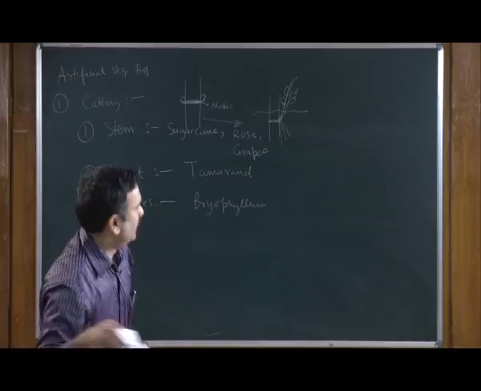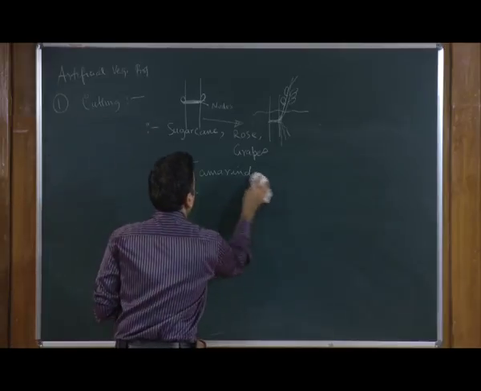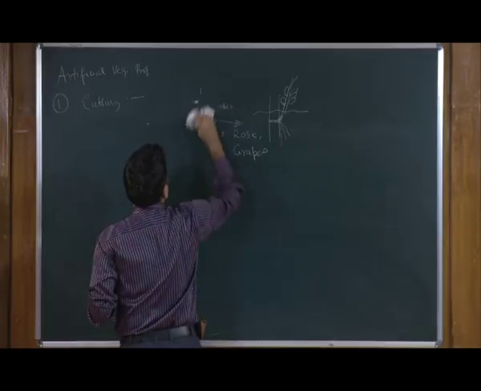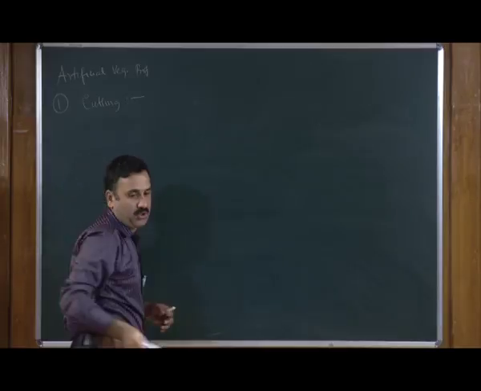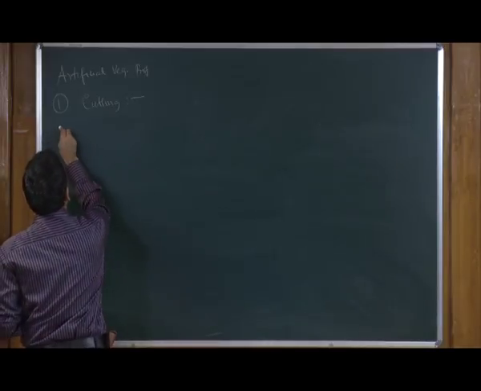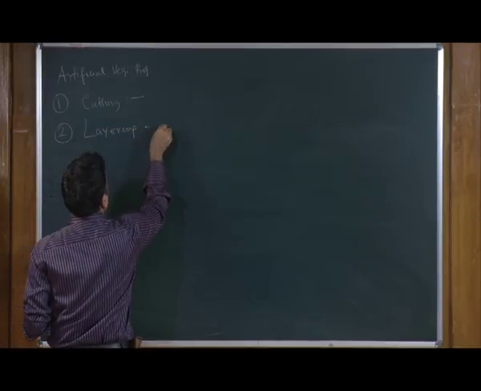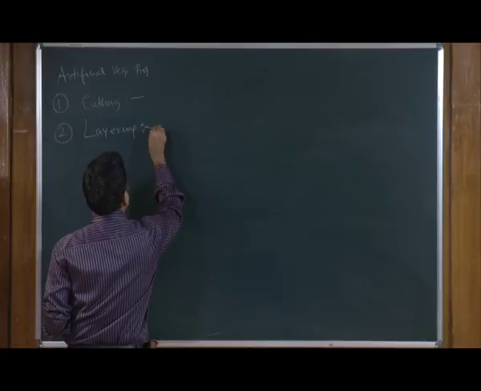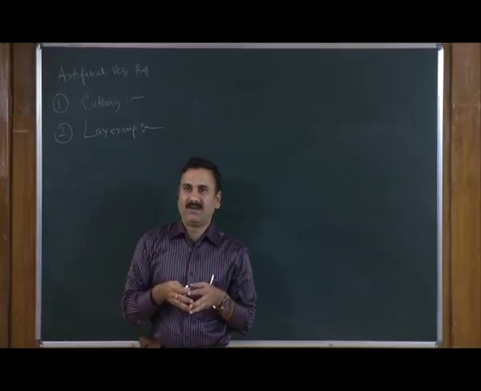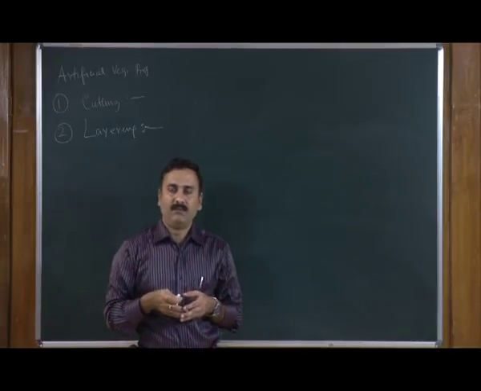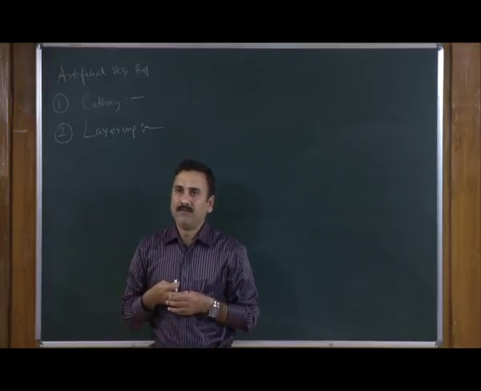Now, after this, the second mode of artificial vegetative propagation is layering. What is meant by layering is that you can make physical damage to the stem, and that physical damage becomes a stress condition for the original plant, and as a result it develops roots on the other side.